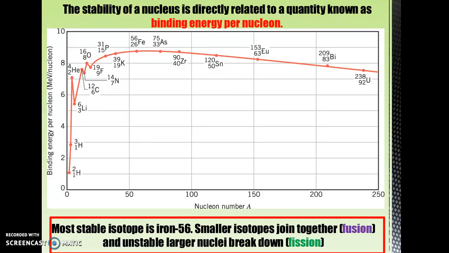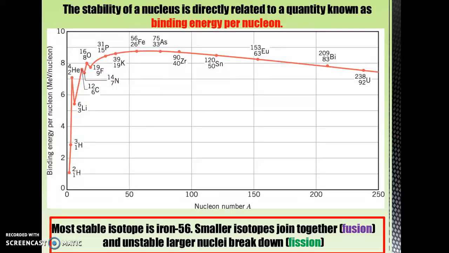Now, another thing we need to understand here is that the stability of a nucleus is directly related to its binding energy per nucleon. We're not going to look at this concept per se this year. We'll look at it in greater detail in level 3.